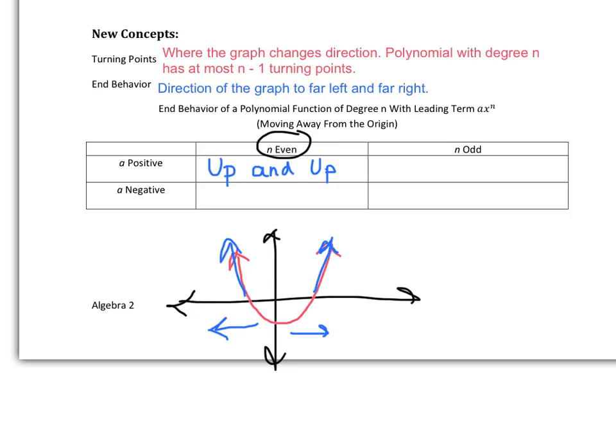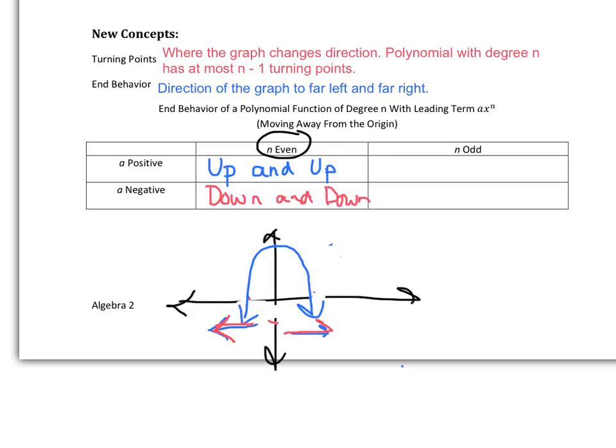Now, if instead my a is negative, what would change here is we have a U shape going down. So as again I look at going to the left, now I'm going to go down and down. Whether I go to the right or left, eventually this just all heads down.